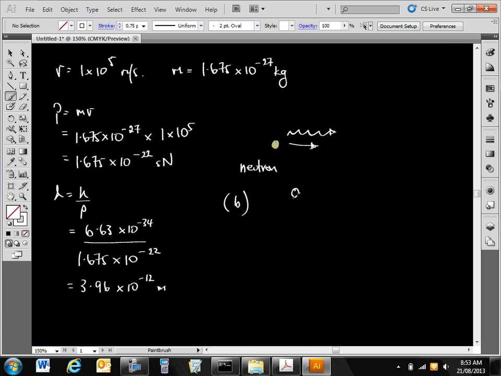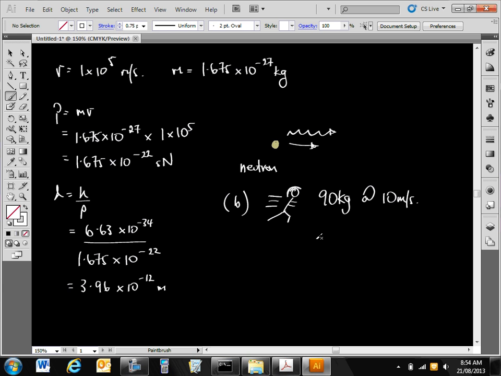And I'll just draw a picture so we get a good idea. This is a man running. Sprinter, could be a female. 90 kilograms at 10 meters per second.